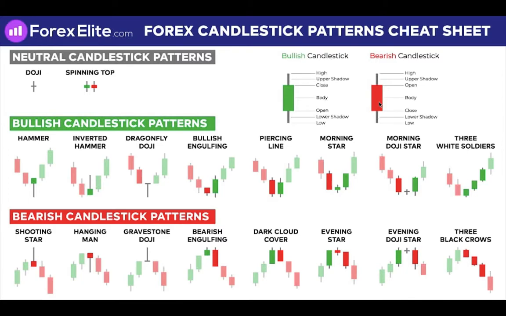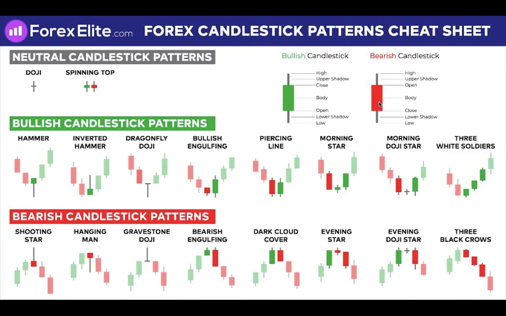So we buy low and we sell high. When you're buying, it's bullish. When we are selling, it's bearish. That is how I can simplify the terms.